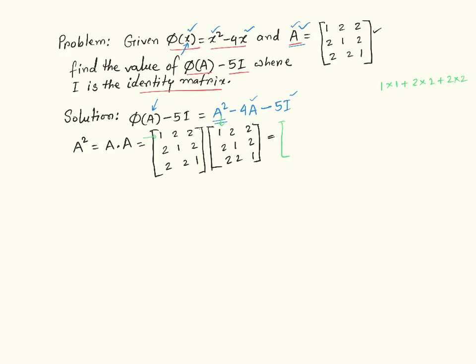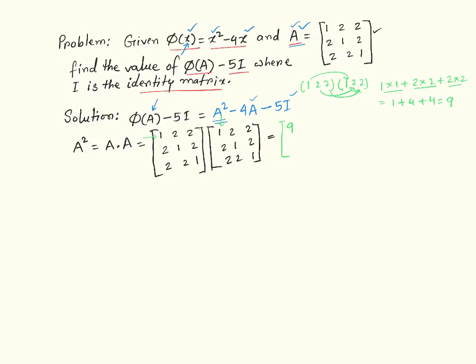My first row is 1, 2, 2, and first column is also 1, 2, 2. If I multiply the corresponding entries and then add them up, 1 times 1 is 1, 2 times 2 is 4, plus 2 times 2 is 4. So 4 plus 4 plus 1 is 9. So my first entry is going to be 9.